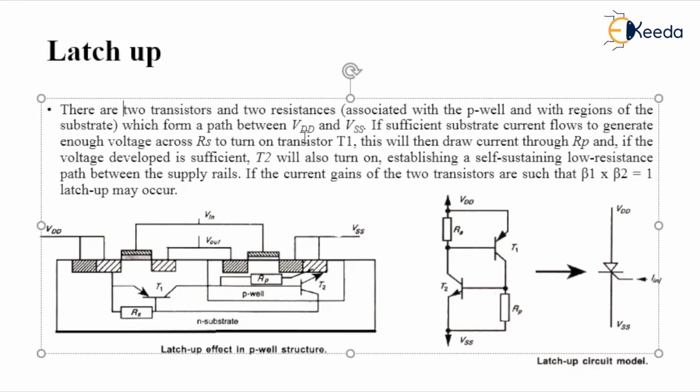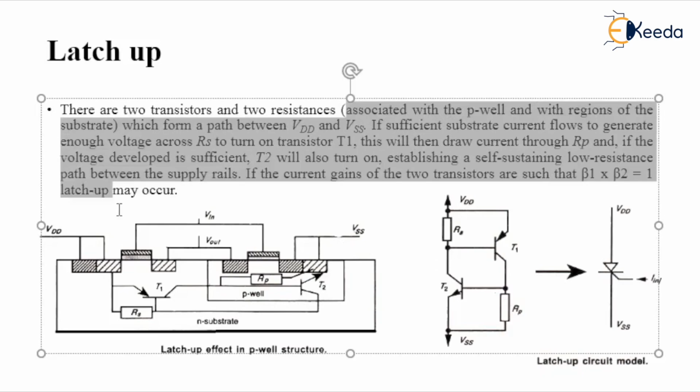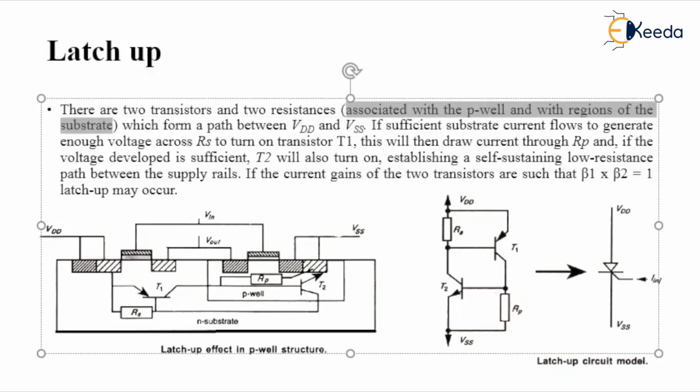And this forms a path between VDD and VSS. See here, this is VDD. VDD is connected to T1 and RS, and this T1 and RS is connected to RP and T2, and it is connected to VSS. Is it clear?